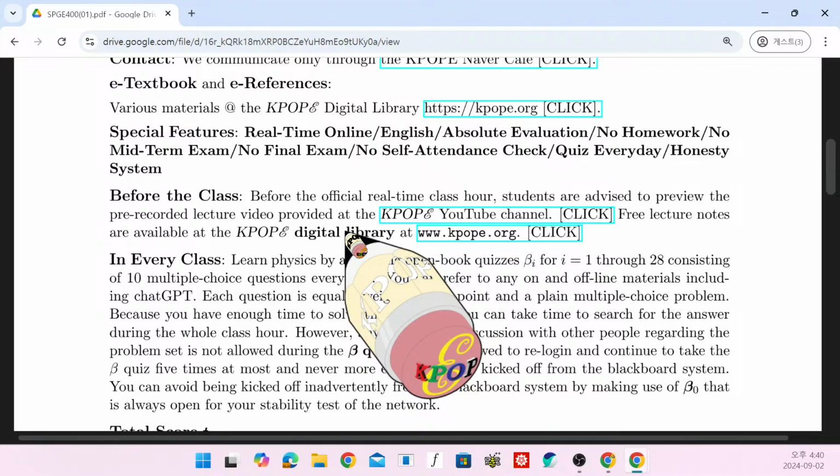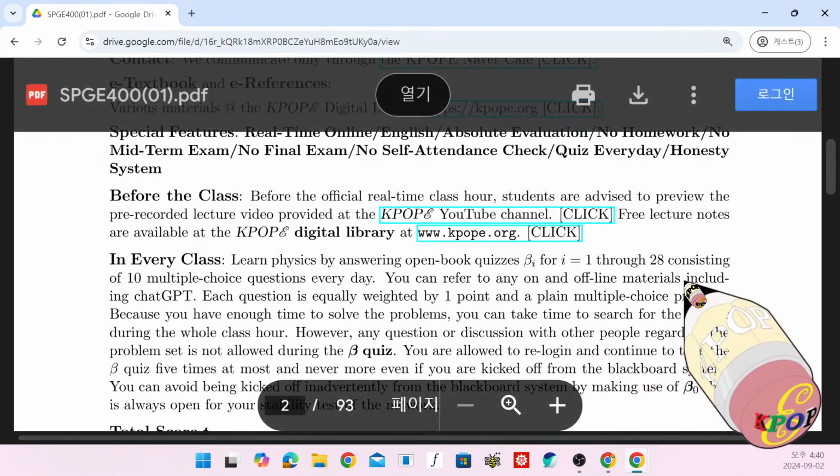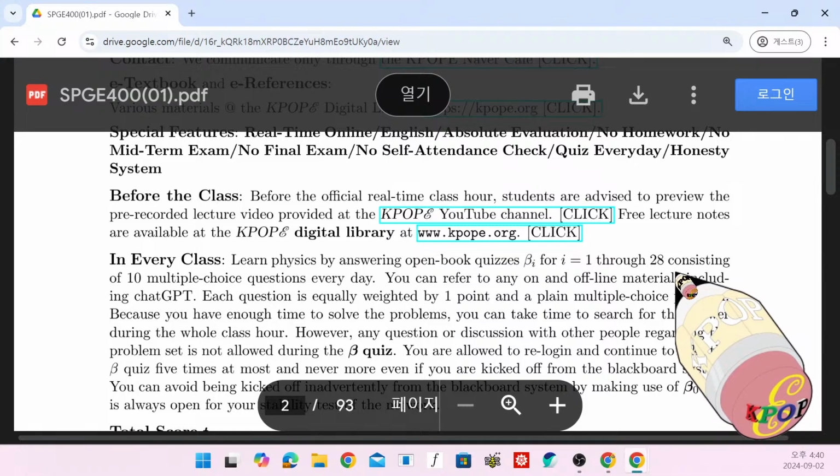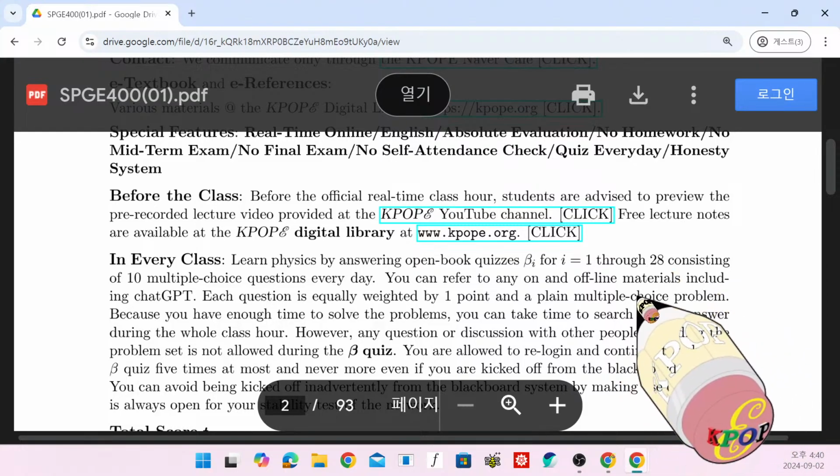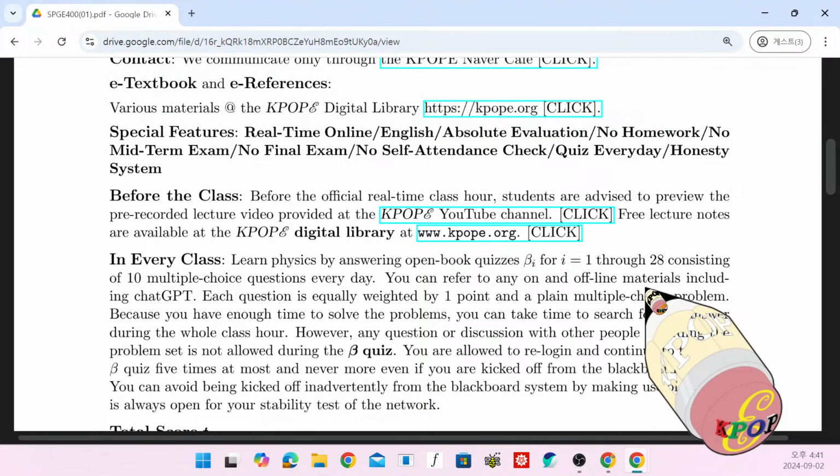So it is not a serious class, but at the end of this semester, I hope you want to be more serious about physics. Okay? That's the reason why I do not provide much material, including videos, especially for this.